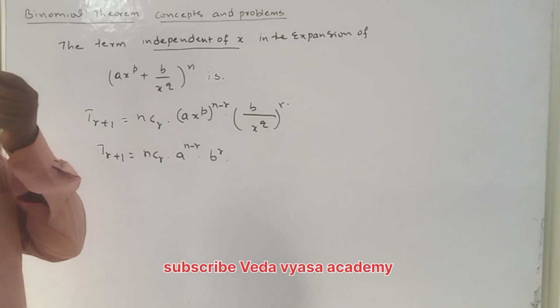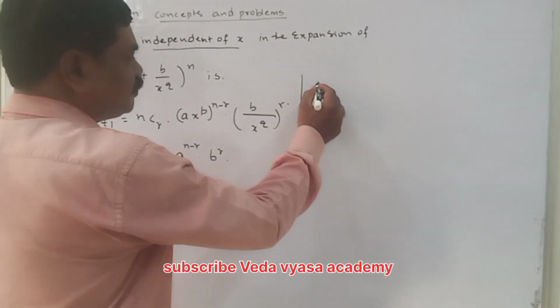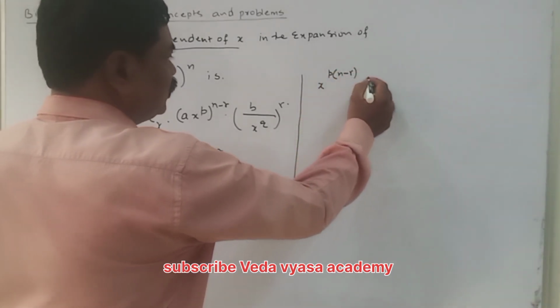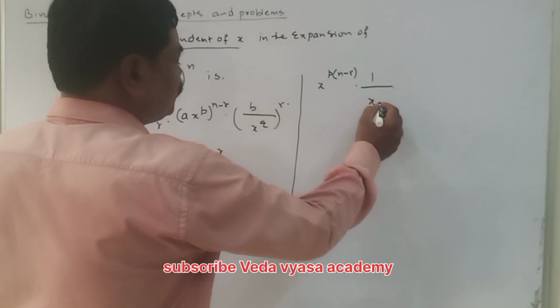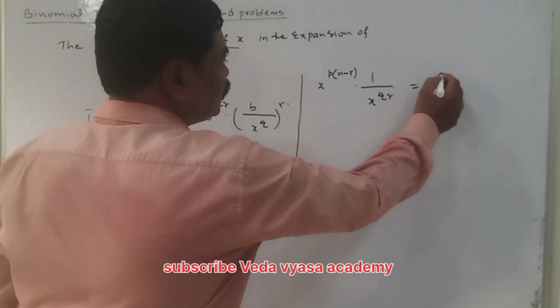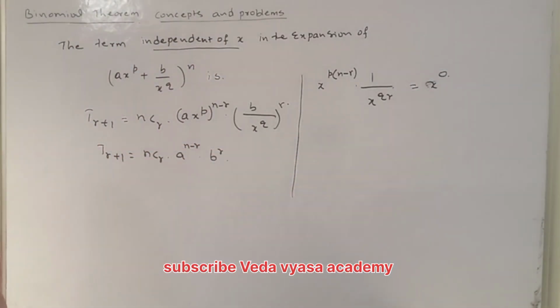Remaining is independent of x. That means x^(p(n−r)) into 1/x^(qr) equal to what? x^0 is equal to 1, something power 0 is 1.